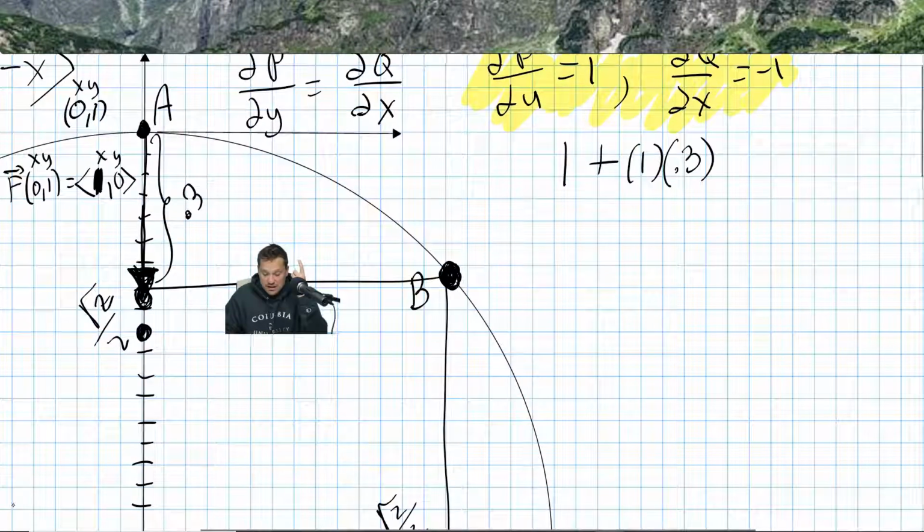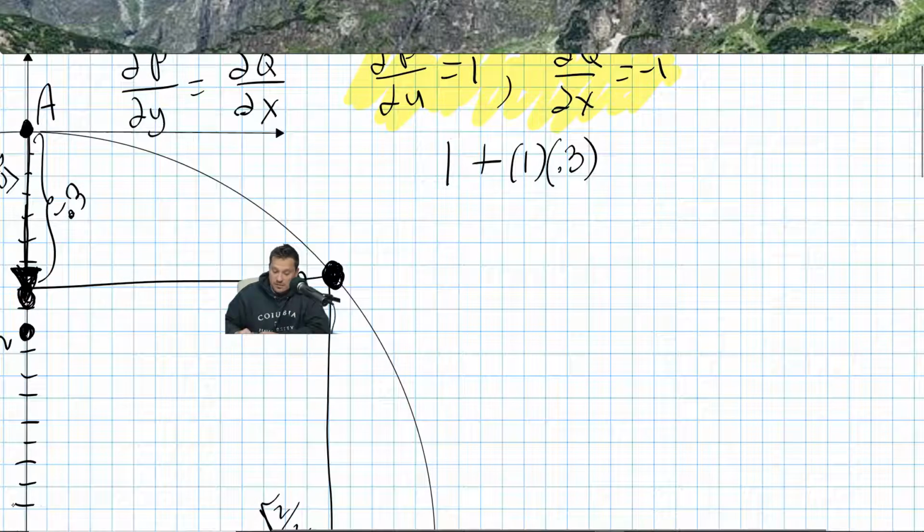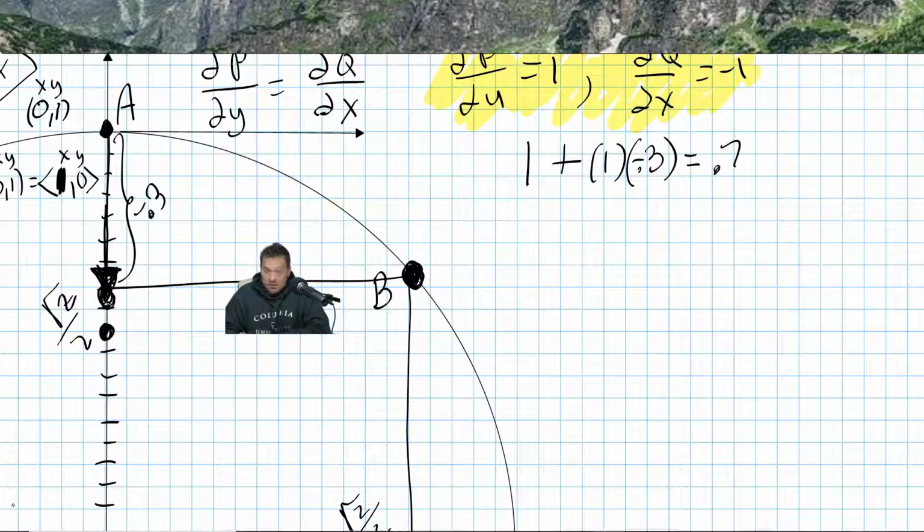But be careful, because when you go from A to B, that's actually a negative value, not a positive value, correct? Because it's going straight down, so it's negative 0.3. Delta y is negative. So multiplying this way, with just rough approximations, this is about 0.7. That would be the x component of the field at B.